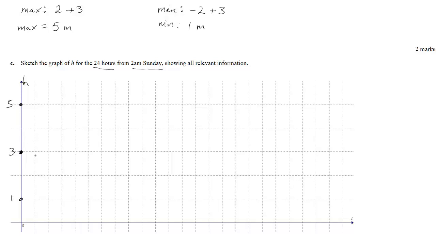So now what we're going to do is, we already know that the period is equal to 12 hours. So that's one rotation. So probably around here we'll have 12 hours, and we know that the graph's going to have one period by 12 hours.